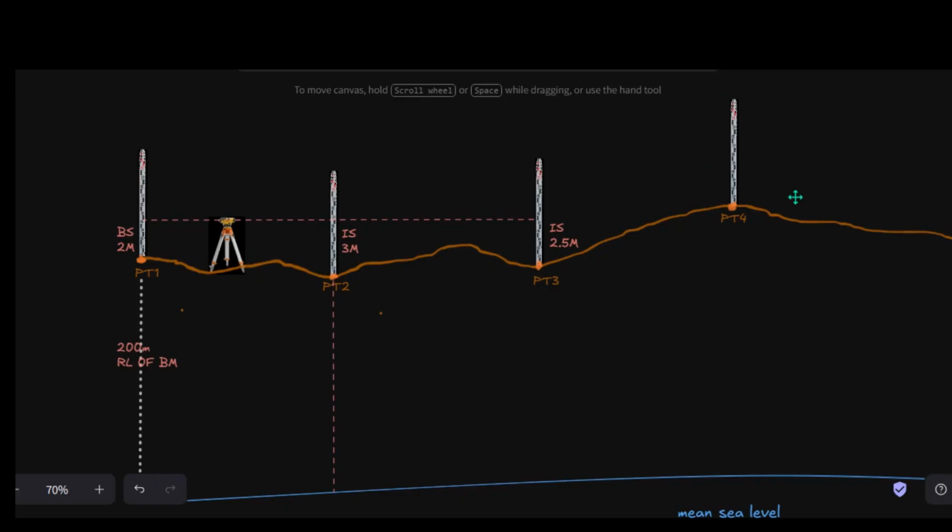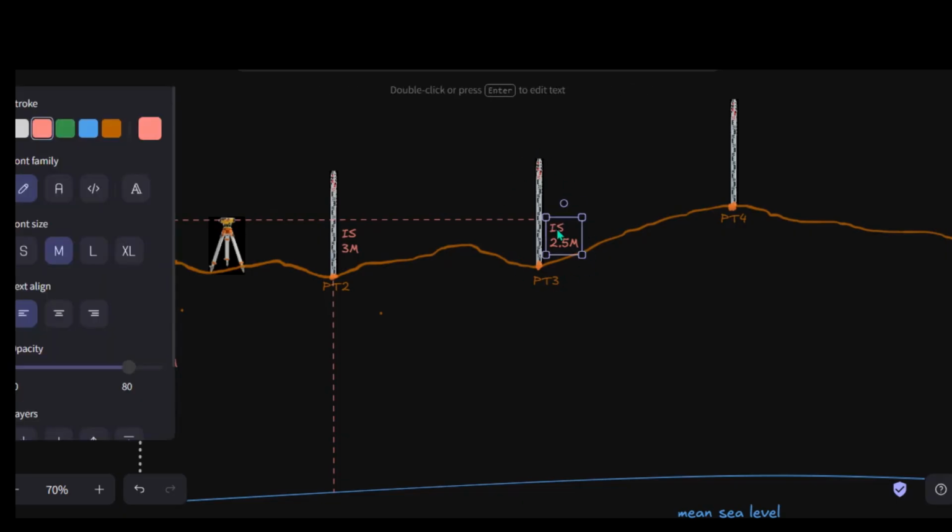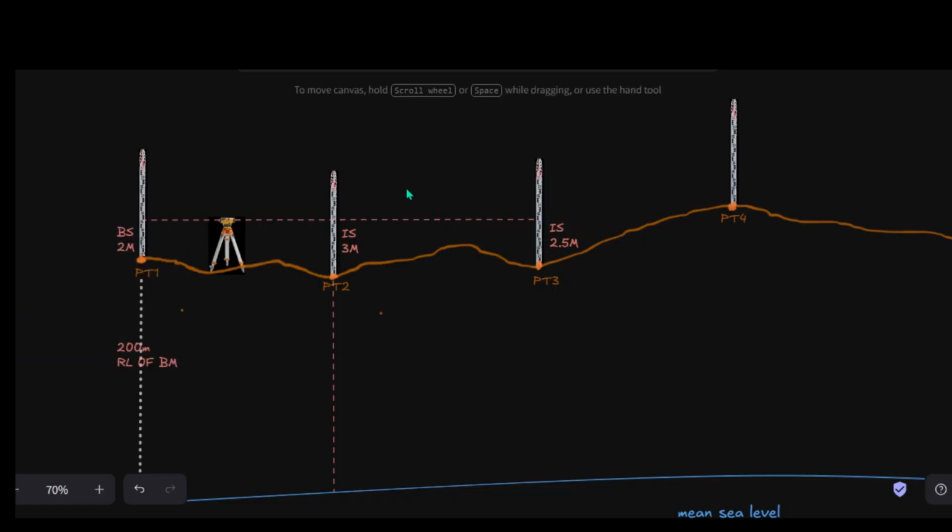Because we cannot view the next point with the instrument, we are going to change the instrument to somewhere where we can view this next point. We will call this last point, which will no more be an intermediate sight, our foresight, because we want to change the instrument.